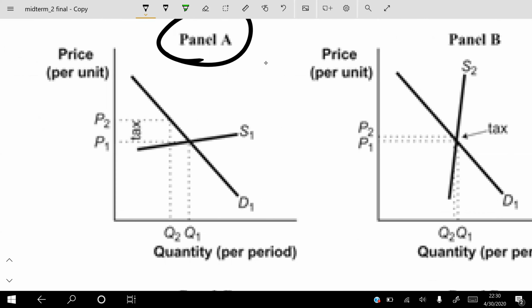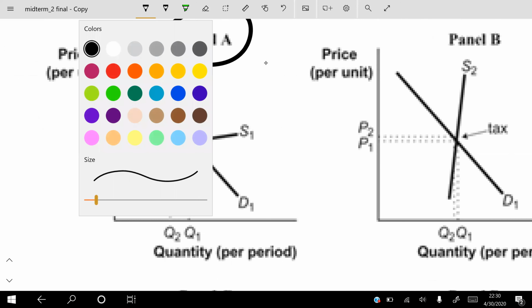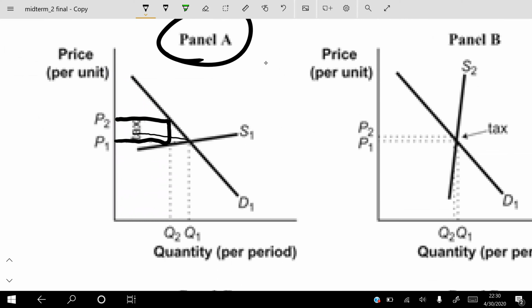So here's the price, the tax, and you can actually calculate the incidence. This part here of the tax is the producer tax incidence, and this one's the consumer tax incidence.